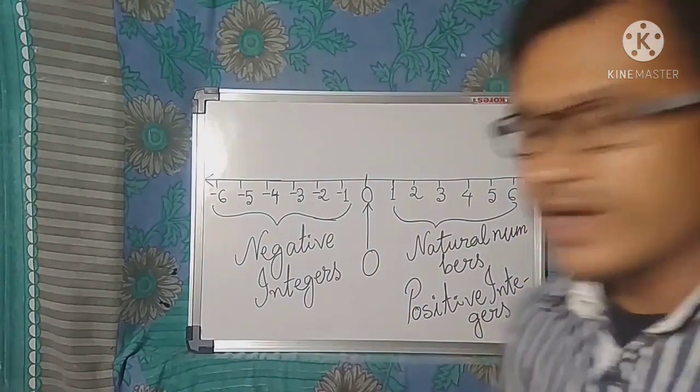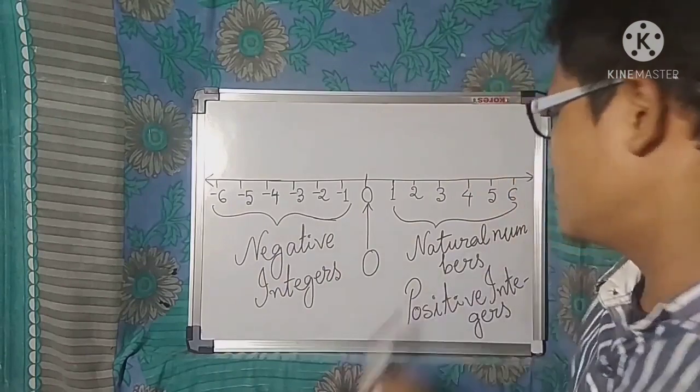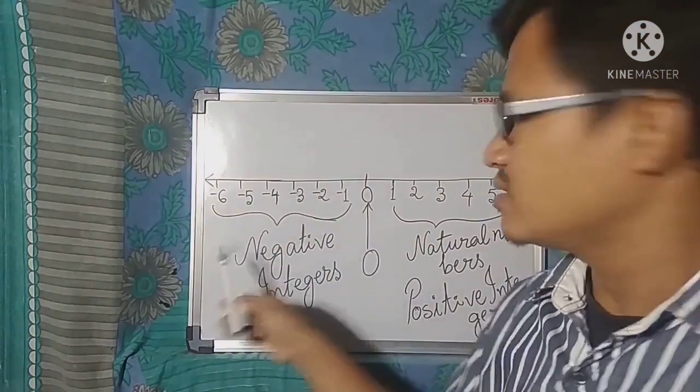So we can find the position of any integer in the number line in this way.